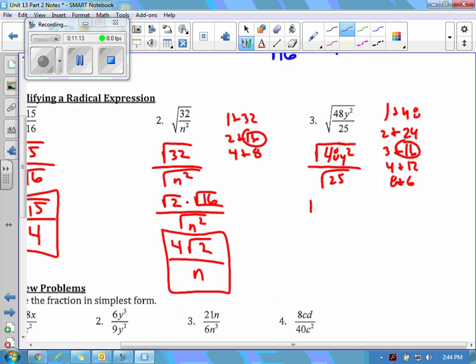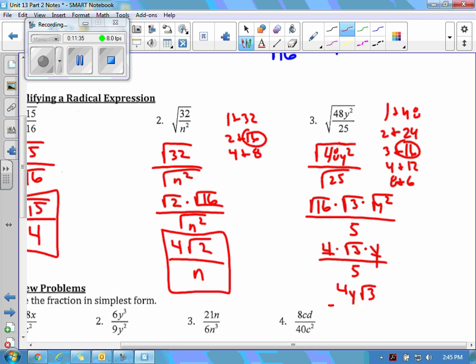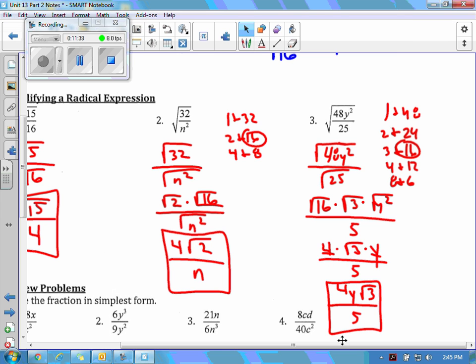So I'm going to split 48 into the square root of 16 times the square root of 3, and then I have the square root of y squared. The square root of 25 is 5, so I'm going to go ahead and put that down. The square root of 16 is 4. There is no square root of 3. The square root of y squared is y. That's all over 5. And then 4 and y can go together because they're both outside the radical, and 3 stays under the radical. So that's my fully simplified version.